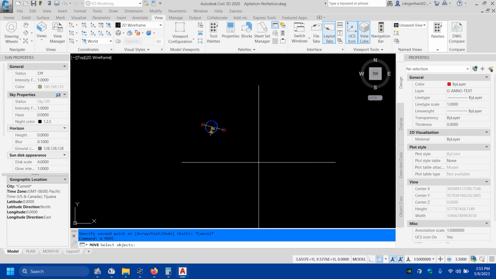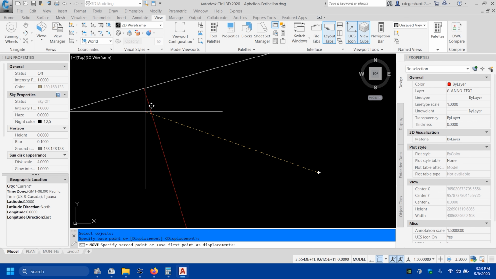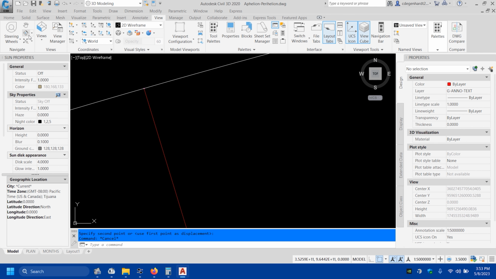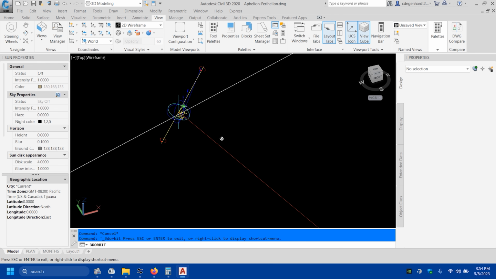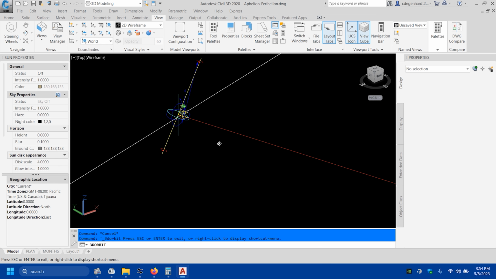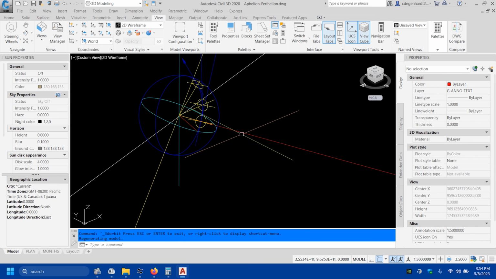Move. So I need a line, that red line, to here.